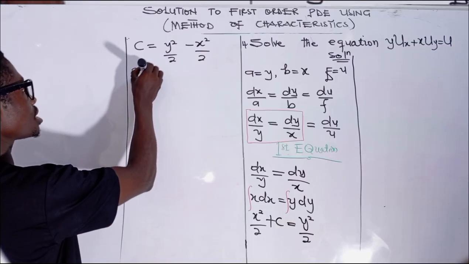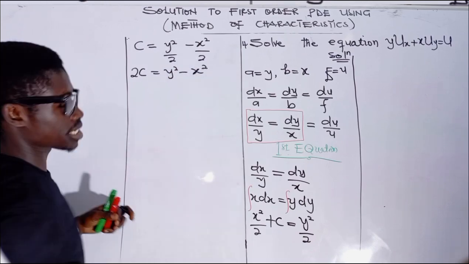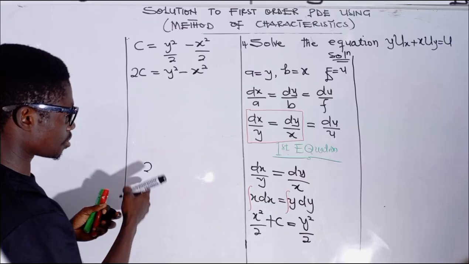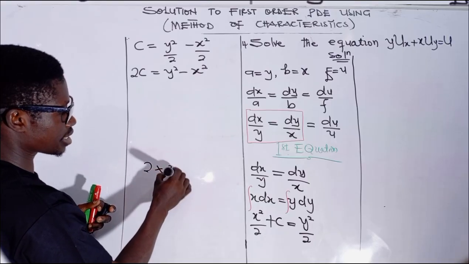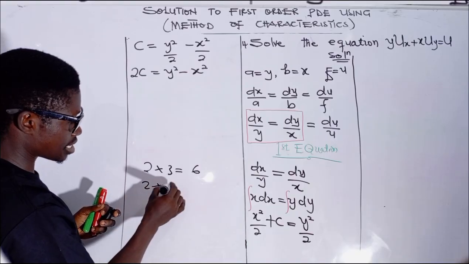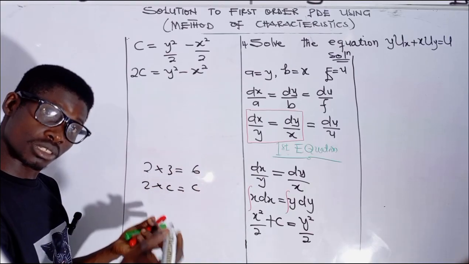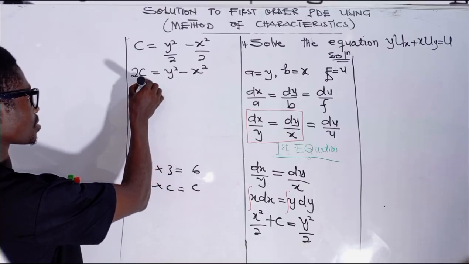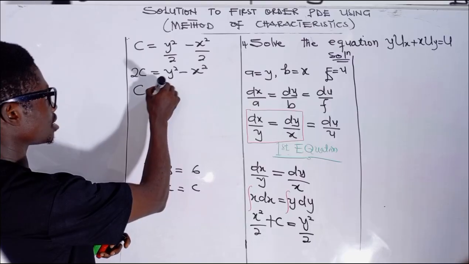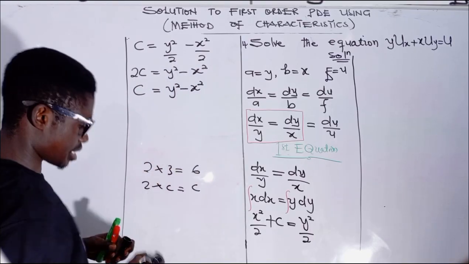So we are going to have 2c is equal to y squared minus x squared. Now c is a constant, so 2 times a constant, let's say 3, will still give us a constant, 6. So 2 times c will still give us a constant. So we are going to write this as a constant, because we are generalizing all of it to be a constant. Then we have y squared minus x squared.